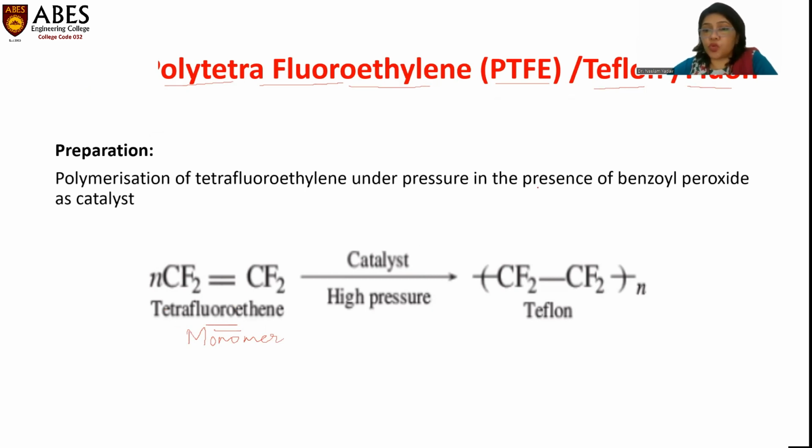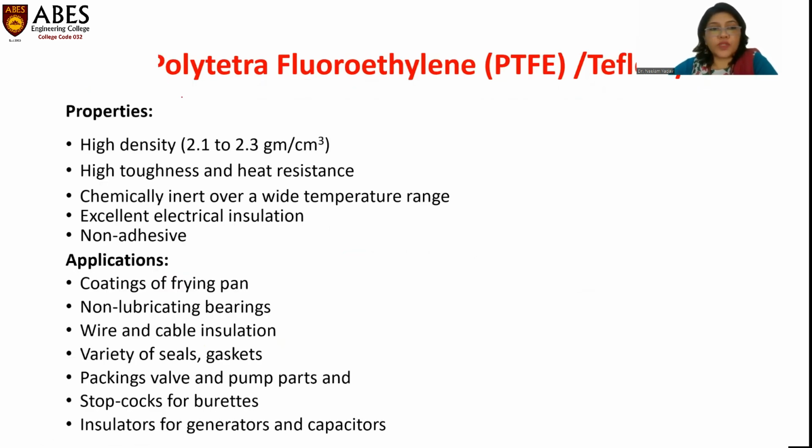The catalyst being used over here is benzoyl peroxide. In presence of this catalyst and under high pressure, this monomer gets converted into a polymer which is termed as Teflon or Fluon as well.